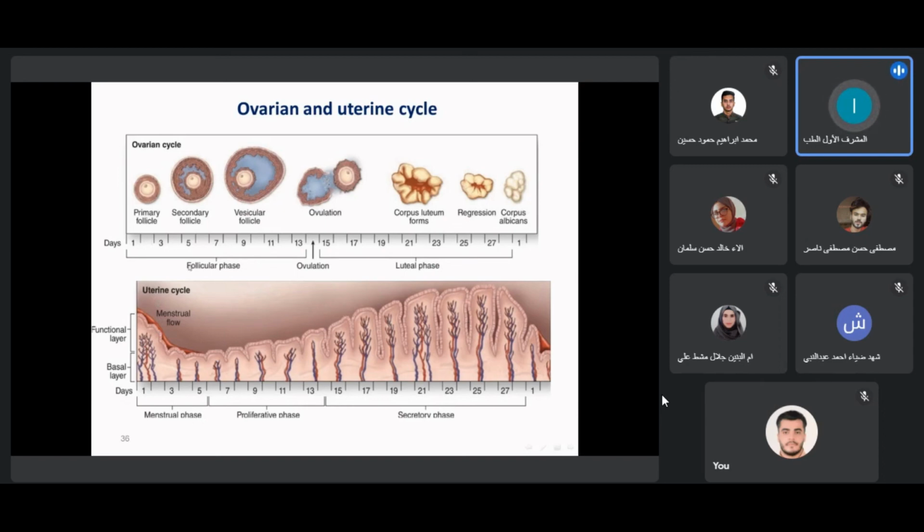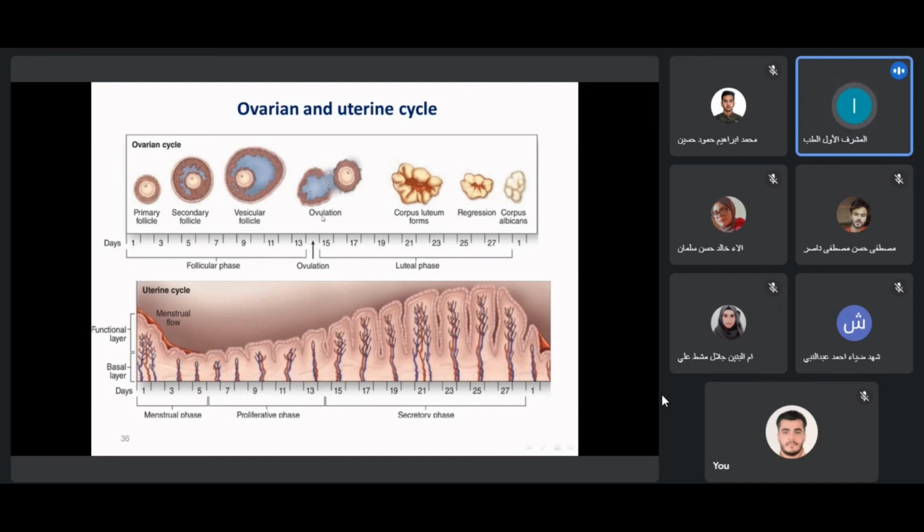Changes on the uterine cycle, the hormones released from here act on the endometrium. So the follicular phase here, predominant growth of follicles that release predominantly estrogen. The estrogen released will act on the endometrium to induce the growth. Therefore, it's called the proliferative phase.